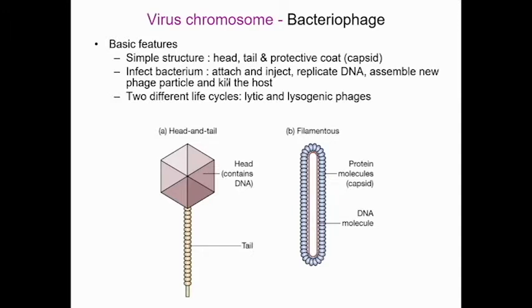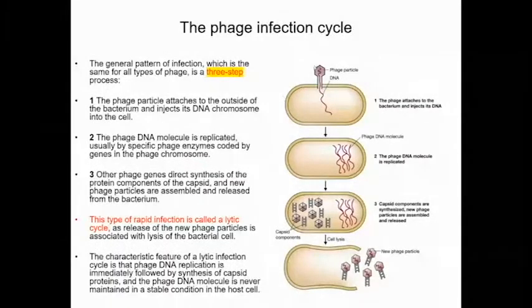So to kill the host, basically, it's a lytic life cycle. Of course, they also have lysogenic phage. So for the phage, the infection cycle, this is a bacterial phage, all right? They have 3 steps. First of all, they attach to the outside of the bacteria. And then they inject the DNA into the bacteria, and then they replicate the DNA.